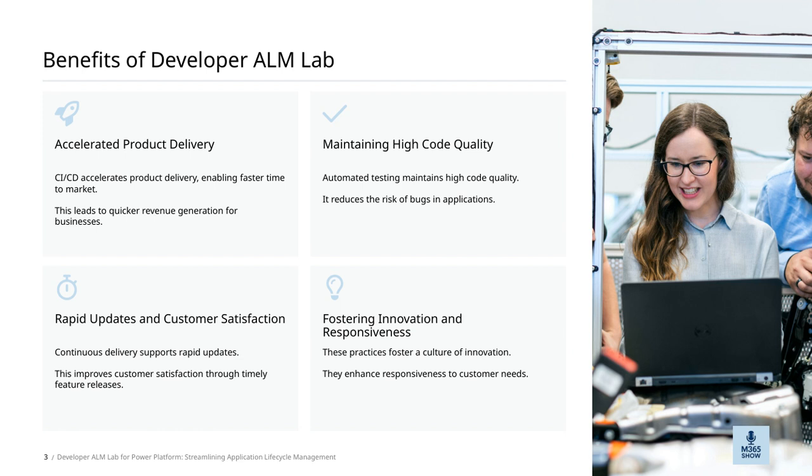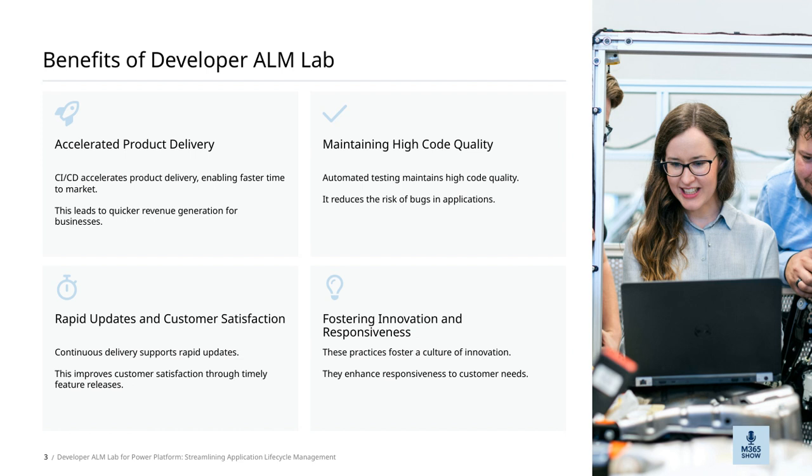Another key point is automated testing. By integrating testing into our processes, we maintain high code quality consistently. This reduces the chances of bugs slipping through, making our applications more reliable and robust. Finally, with CI/CD, continuous integration and continuous deployment, we accelerate the entire product delivery cycle.